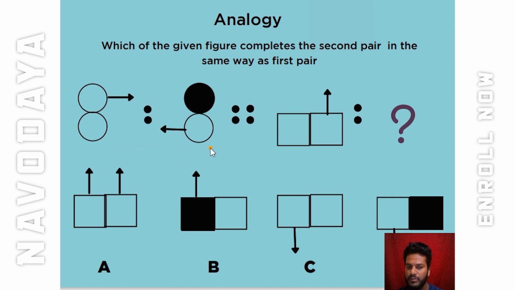In C there is no shade, so we'll remove this. This is not our correct answer. Now observe D: we have two squares, one shaded and one empty, showing downside. We'll complete the figure.